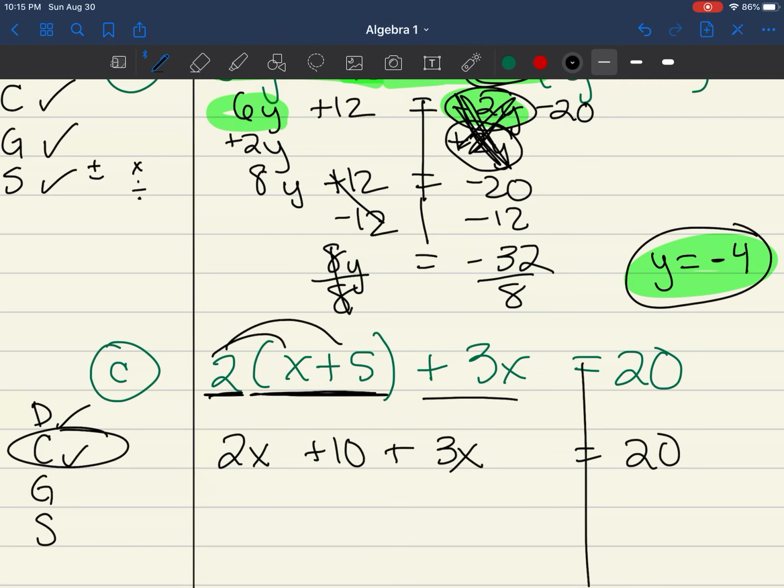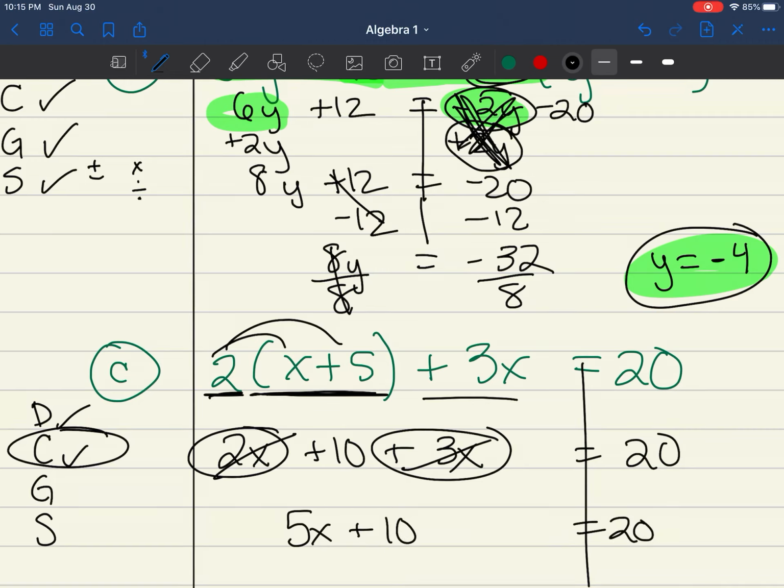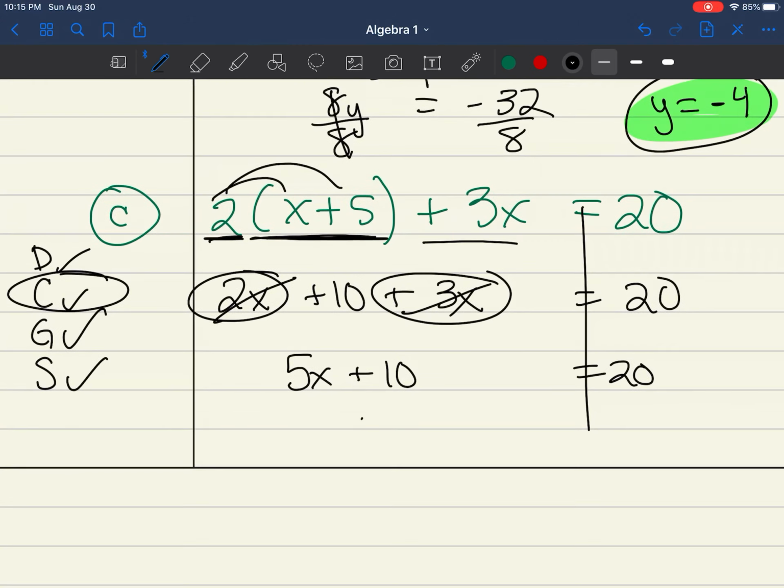Do we need to combine like terms? Yes. If I look on the left side, I've got 2x and 3x. Those are like terms, so you want to add them. They don't have to be next to each other to be added. So we're left with 5x plus 10 equals 20. Get variable to one side. We can skip that because it already is on one side together, and we're going to finish solving.